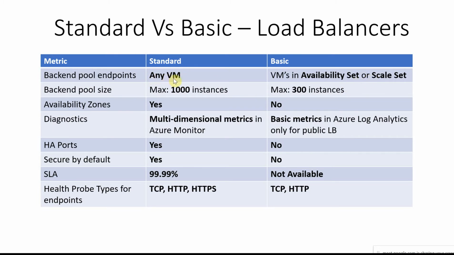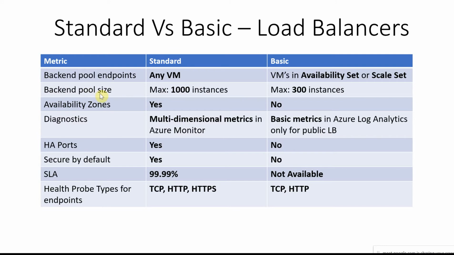For example, you can create a single VM and associate it, and it doesn't require an availability set. But with basic, you need to go with either an availability set or a scale set. So you need that prerequisite for basic, but standard supports VMs without an availability set also.